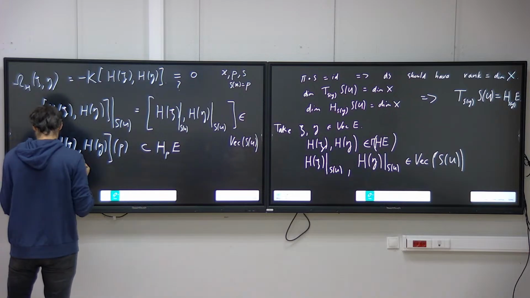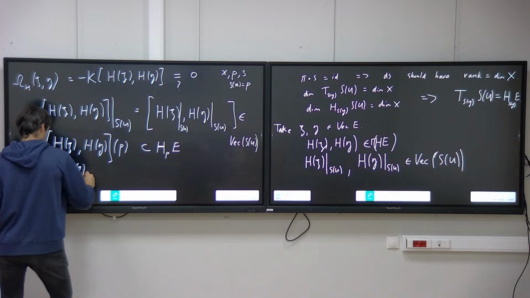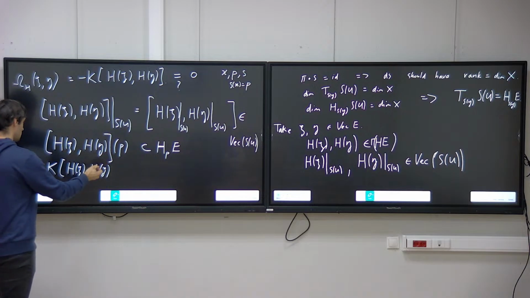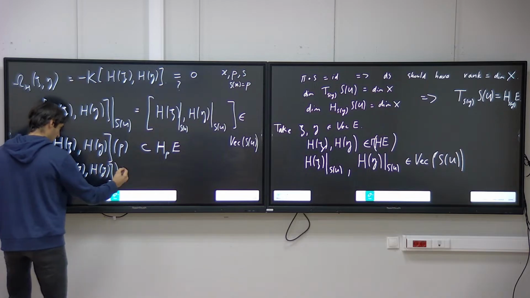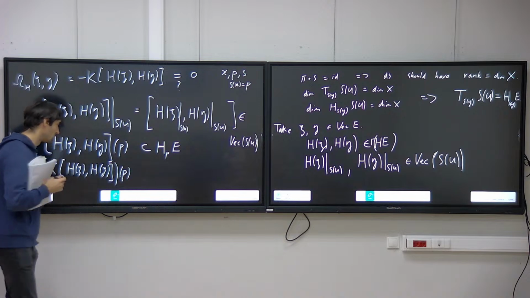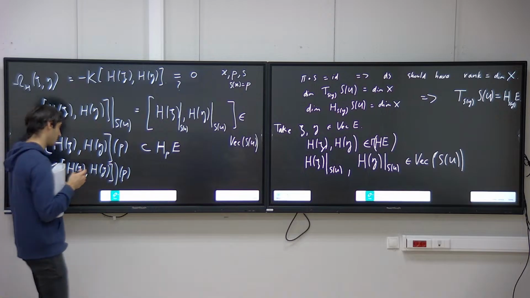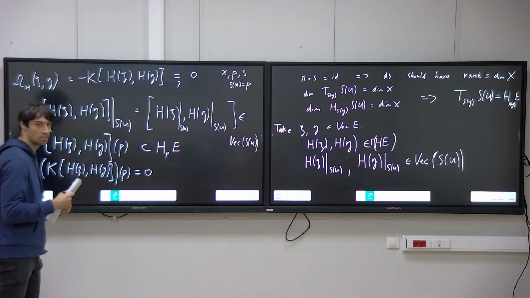But then if I take k of h of psi, h of eta, since it's horizontal, its vertical component is just 0. Right? So this is just 0. And we proved this direction.